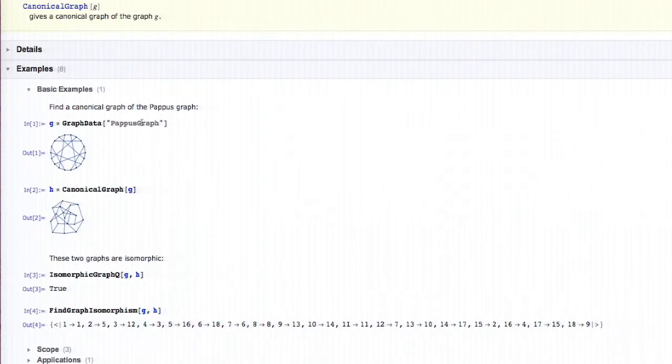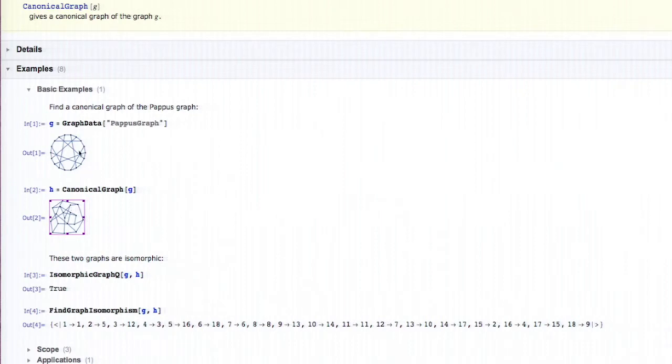This is the Pappus graph. This is its canonical graph. If you build any graph which is isomorphic to the Pappus graph, you will always get this same graph. It's a unique object which represents your graph in some way.